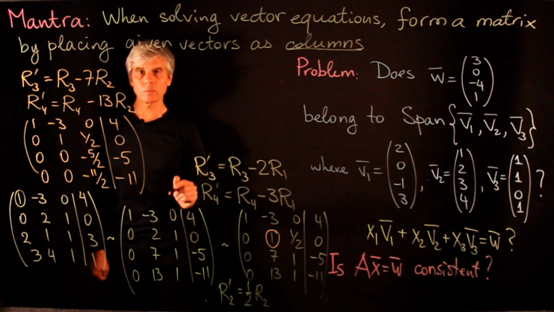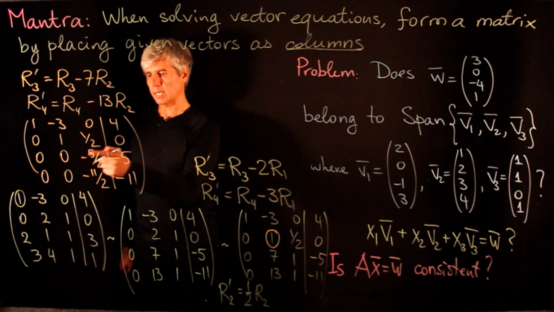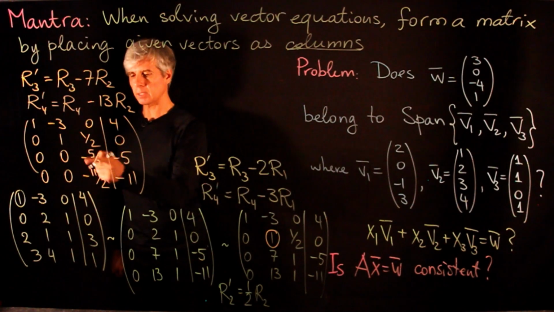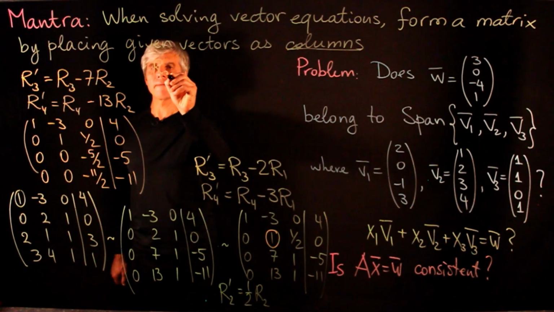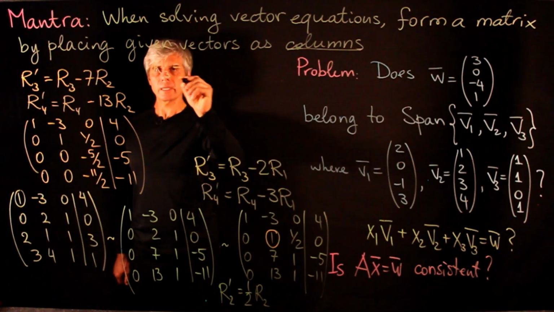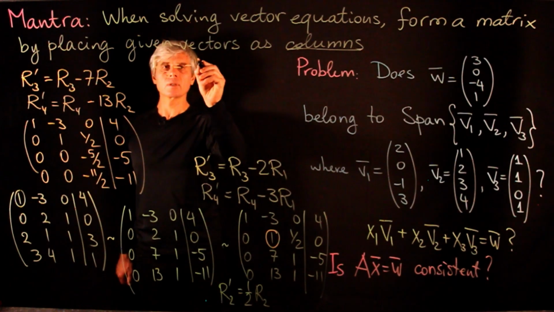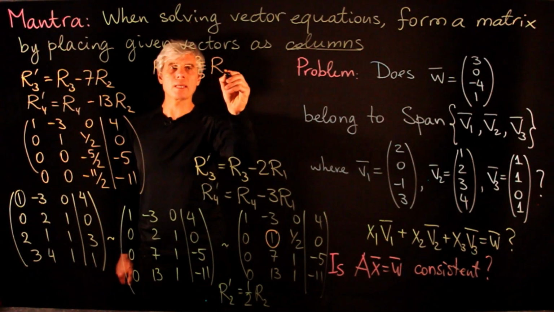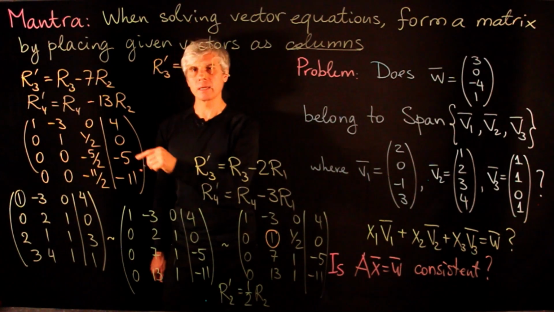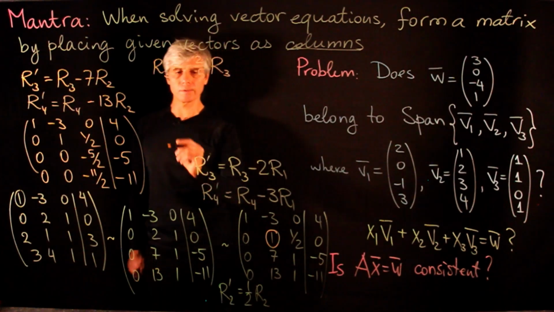So now we can create a pivot here. So we say row 3 new is -2/5 of row 3. So we multiply row 3 by -2/5.